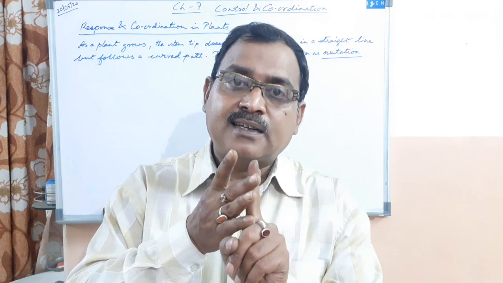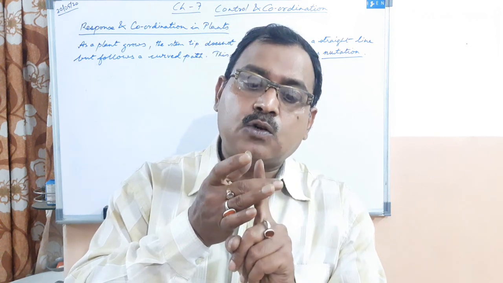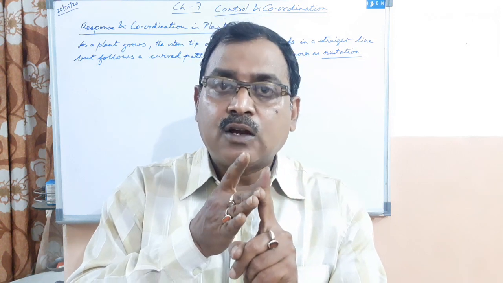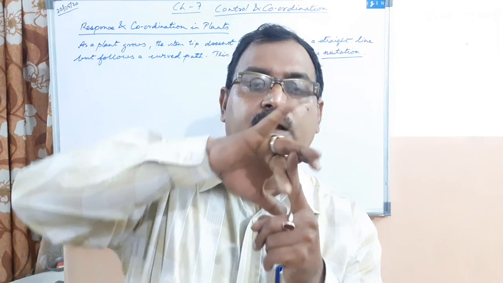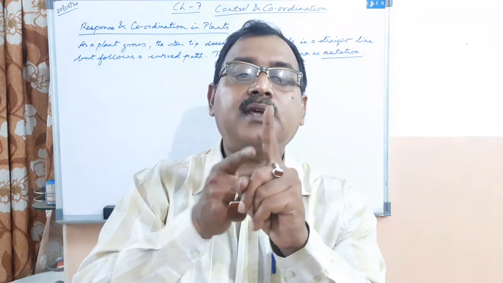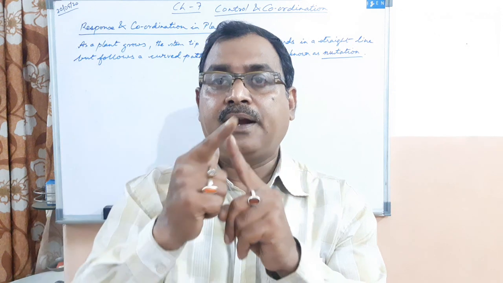As a result, the tip has a tendency to bend around the support, means it twines around the support, and then it moves in this way. It grows by twining around the support and hence it moves.